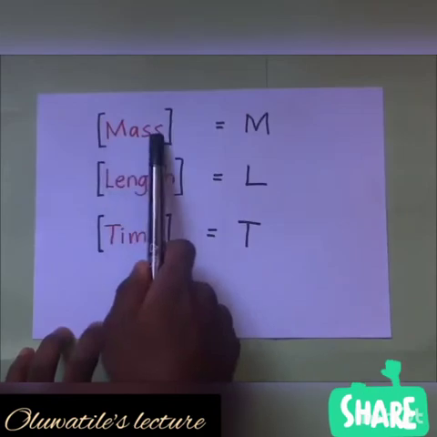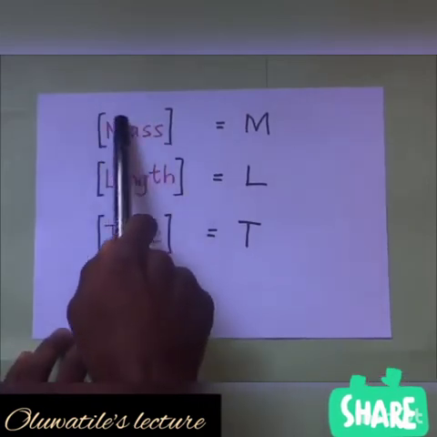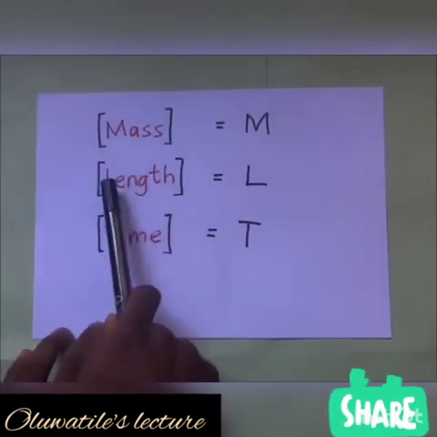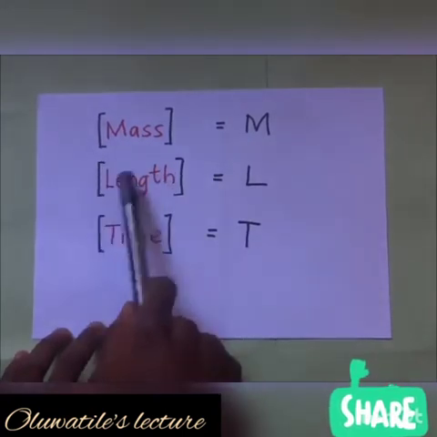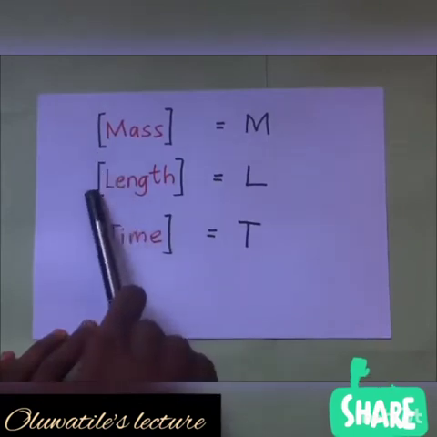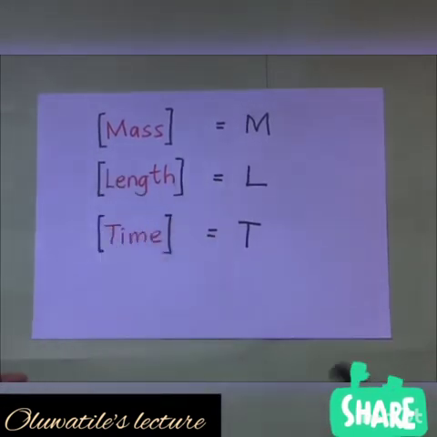This kind of language means that we are looking for the dimensions of velocity. If we put here acceleration, we put these brackets there. These brackets denote that we are interested in the dimensions of that physical quantity. So we'll go ahead and demonstrate this.